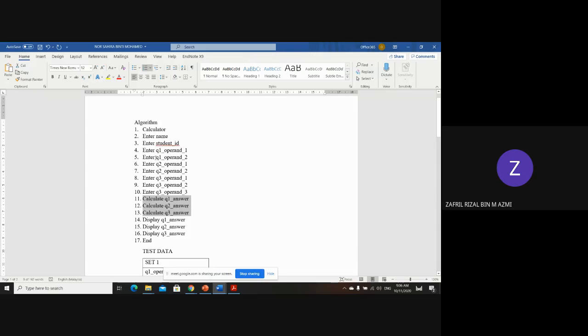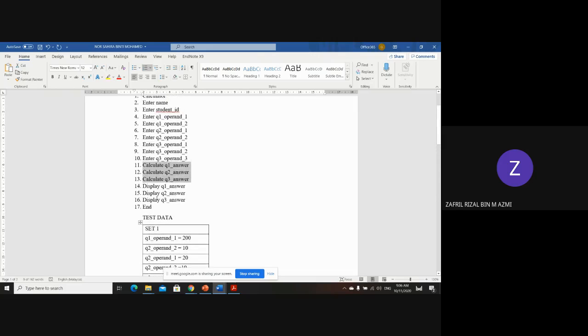And one more thing, inside of the algorithm, you need to formally describe the calculation, not using calculate only. This is only allowed inside of IPO. I mentioned already, inside of IPO you can generally put calculate Q1 if there is no decision.